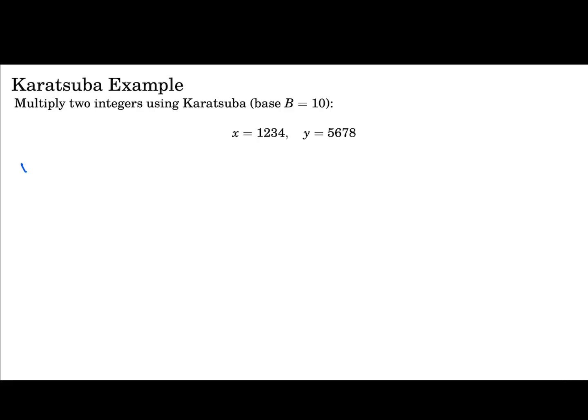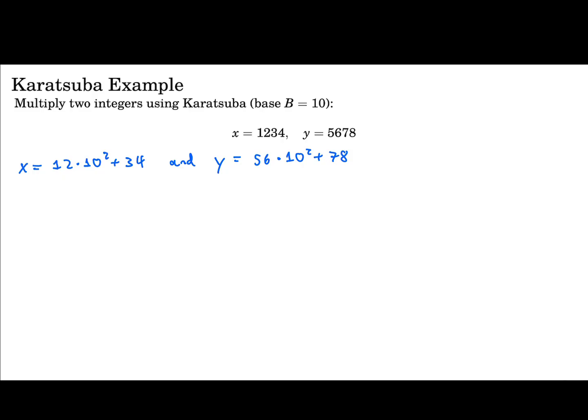So x, we're going to write as 12 times 10 squared plus 34. And y is going to be 56 times 10 squared plus 78, right?